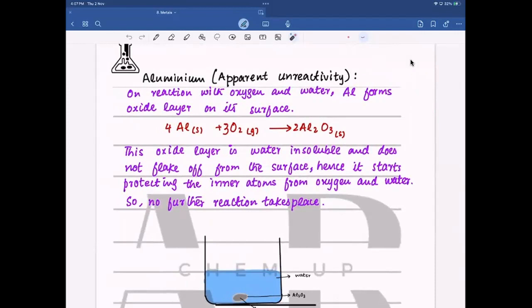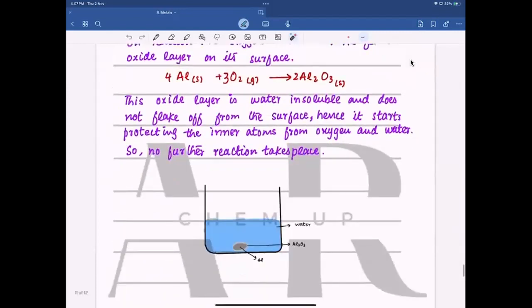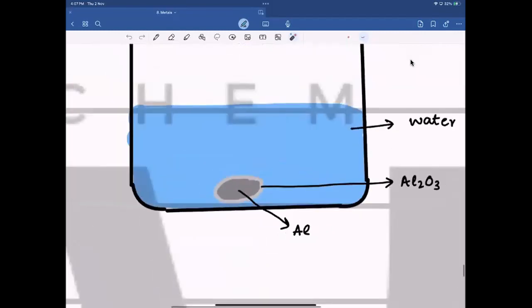But when aluminium undergoes a reaction with oxygen or water, it will form a layer of oxide on its surface, like this, if you see. When that layer of oxide is formed, which is Al2O3, the aluminium metal inside is protected from water and oxygen, and further reaction stops.